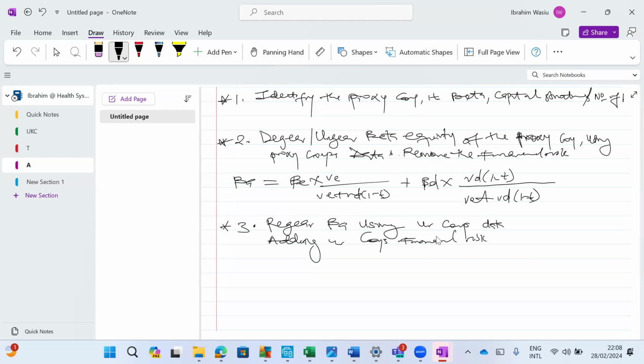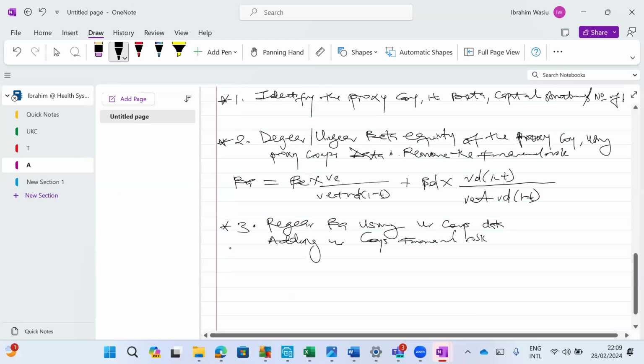All right. Okay, so step 3, we want to re-gear the beta asset using our company's data. So it means we want to add your company's financial risk. So for you to have financial risk, it will now show both business and financial risk, but using your own financial risk now.